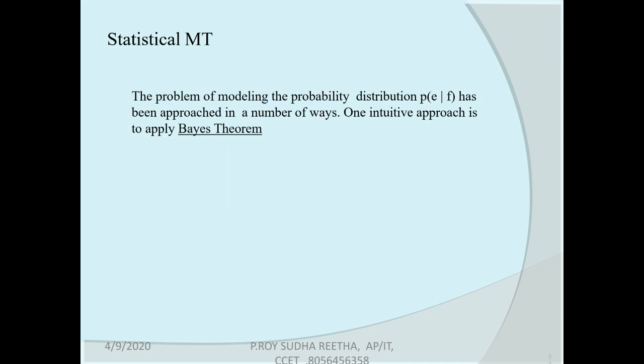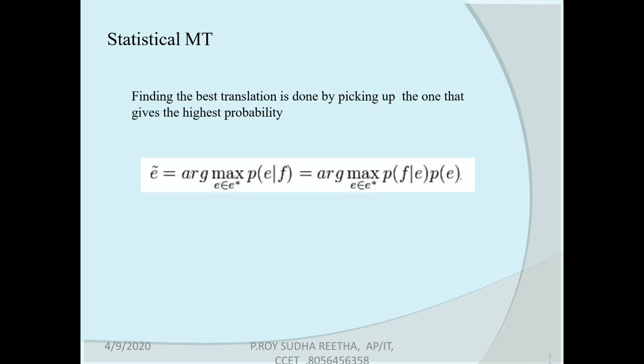In statistical machine translation, the probability distribution P(E|F) is mainly found for all the language translation, and here the important theorem used is Bayes theorem. Using the Bayes theorem, the highest probability is found for E given F, and using this formula we can find the correct, statistically highest probability translation.